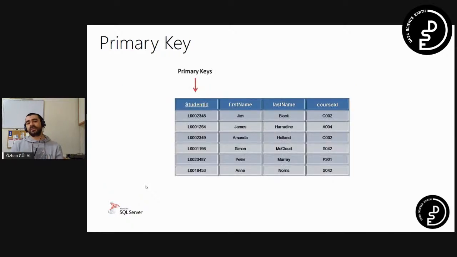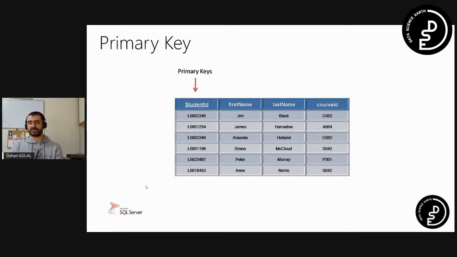For example, you can see in our presentation there is an easy database table. You can see the 4 different columns: student ID, first name, last name, and course ID. Student ID we detected already as a primary key, and you can see the L302345.